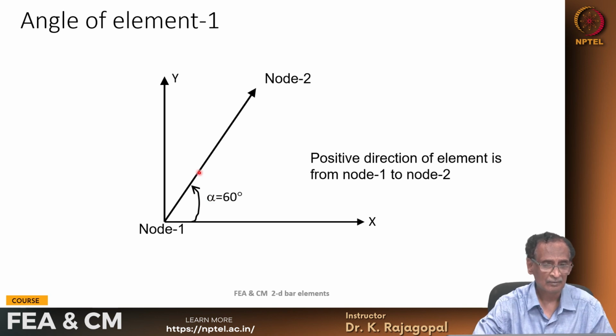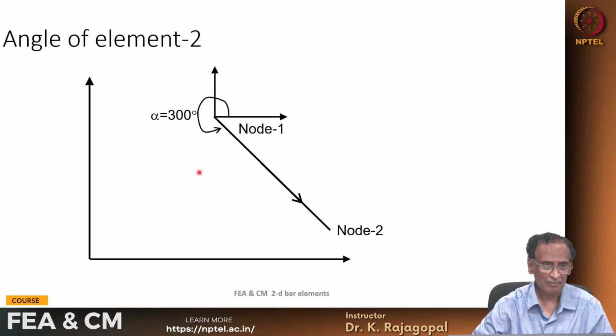But then say for element 2, node 1 is defined here and node 2 is defined here, and this is how we measure alpha, starting from the positive x direction in the anti-clockwise direction towards the positive direction of the element.